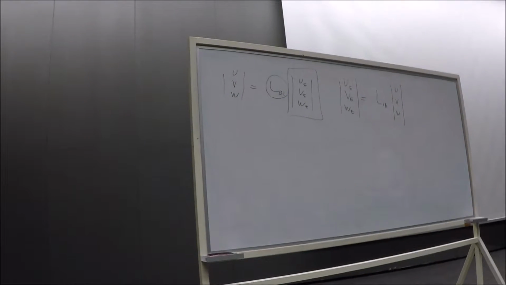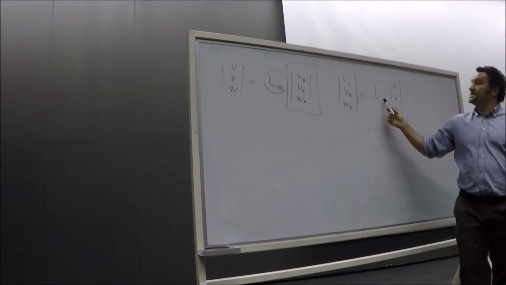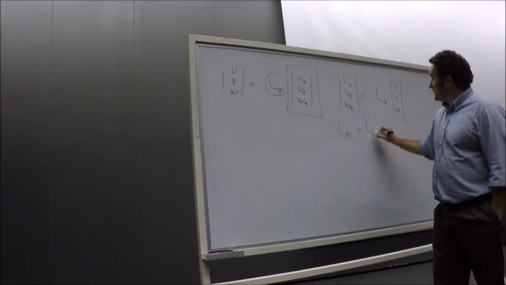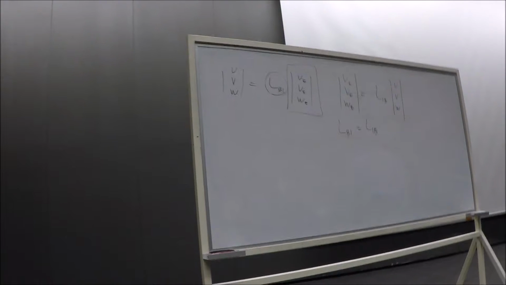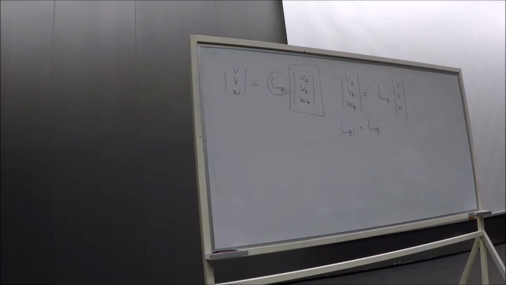Now we know that the relationship that exists between these two matrices is what? What is the relationship that exists between these two matrices? How do we find one from the other or vice versa?